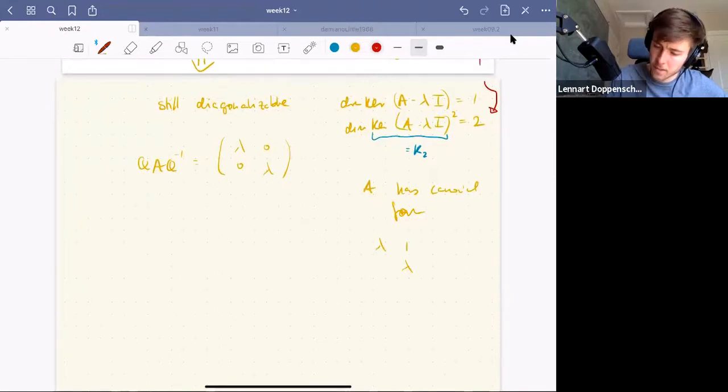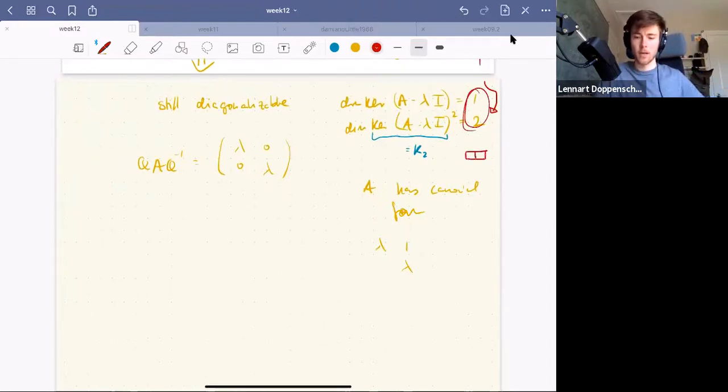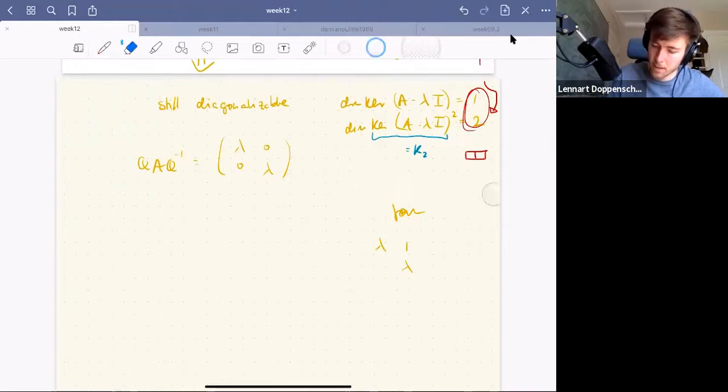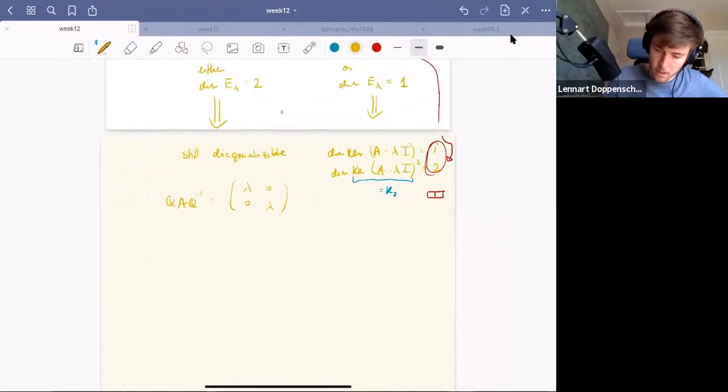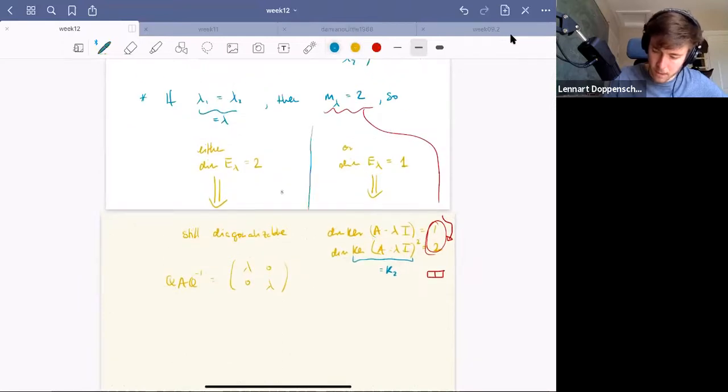So from this information we can get the cycle tableau of A minus lambda I, which is nilpotent. Maybe I should write this first. So this is 2 cases. I should also maybe put a line between these.